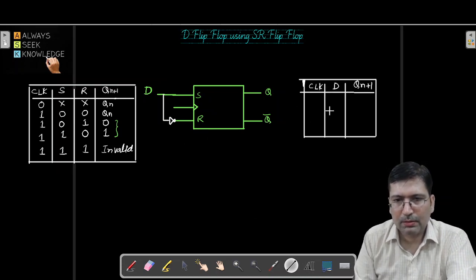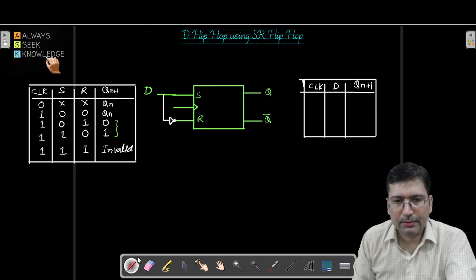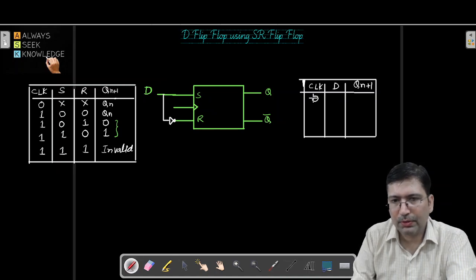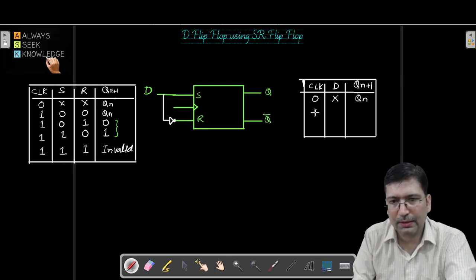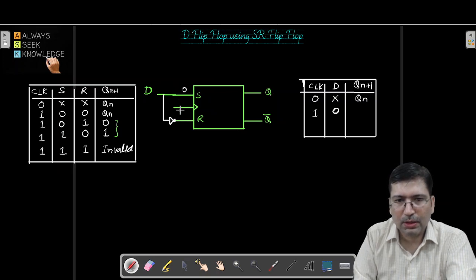There are clock and D as inputs, which will decide the outcome. So let's say clock is 0. If clock is 0, this will become don't care and the previously generated state will be preserved, right? But in case clock is high, and D is 0, then R will become 1.